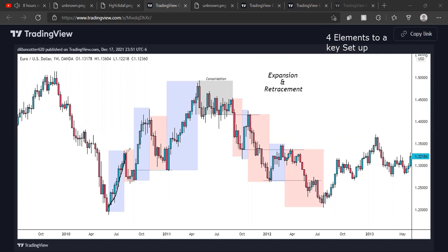So expansion, retracement, expansion, retracement, expansion, and then we go into consolidation, and then you see here a reversal, right? So this impulse here is that reversal. And then what happens after the reversal? We get this retracement and then an expansion, a retracement, and an expansion again, right? Pretty simple stuff.